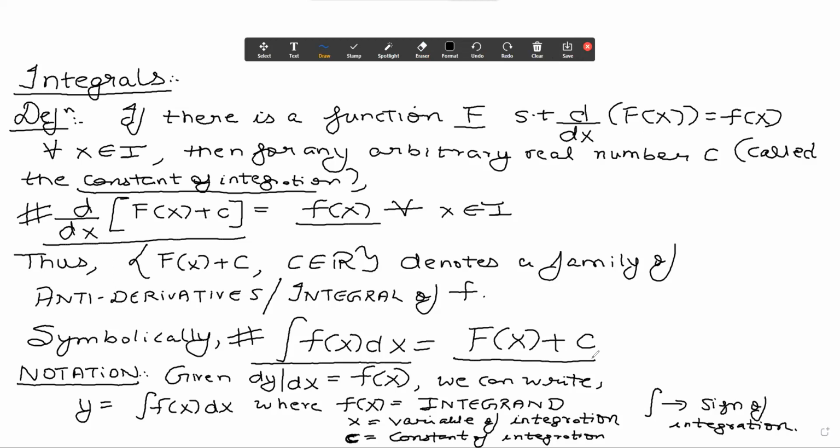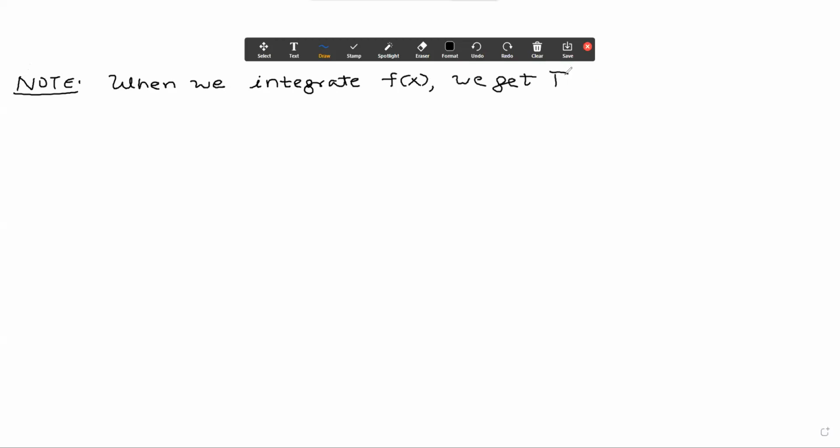So I am writing it. So what do we learn? When we integrate f of x, dx denotes that x is the variable of integration.